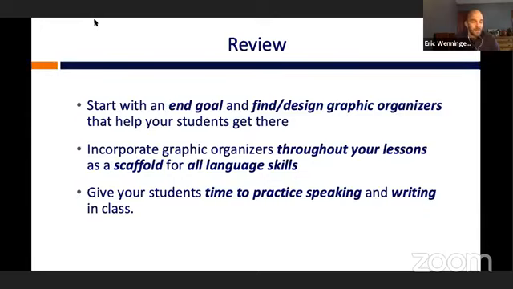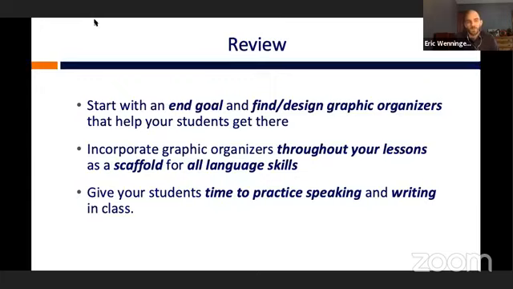And then to make sure that you incorporate that graphic organizer throughout your lessons, right? It's a good support from the beginning to the end, as well as with all 4 language skills. And then lastly, just make sure you give your students time to practice.